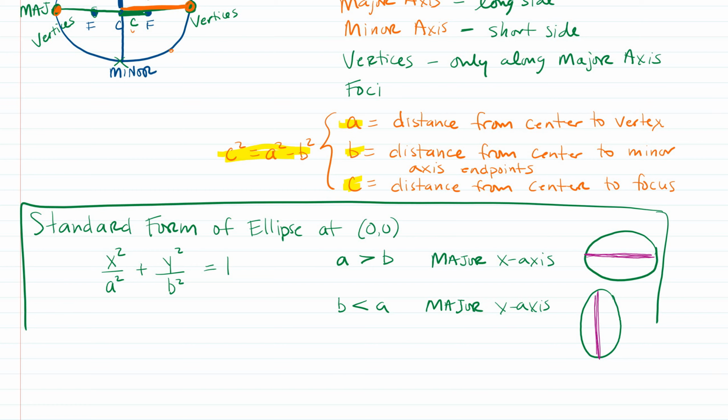If a is bigger than b, c is equal to the square root of a squared minus b squared. And if b is bigger than a, then c is equal to the square root of b squared minus a squared. The order of a and b doesn't really matter that much because you're just finding the difference of those two values.